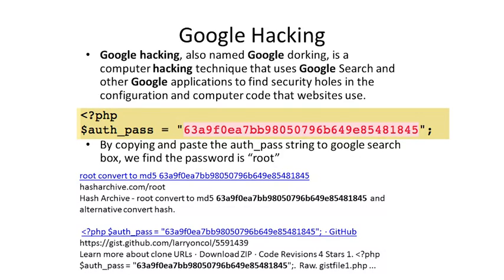By copying and pasting the os_pass variable value into the Google search engine, voila, we find out the password is root, and it's actually the MD5 hash value of the plaintext root.